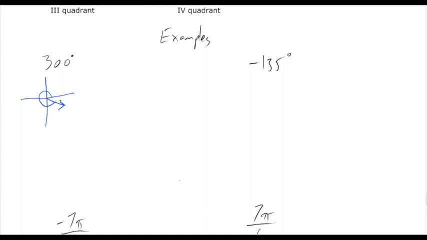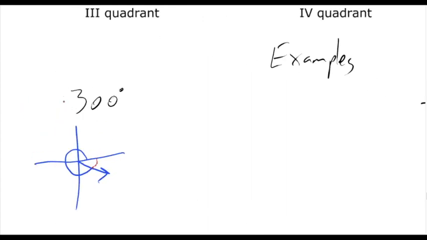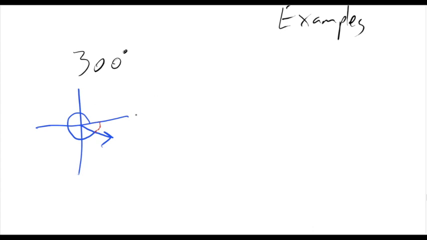My reference angle is the angle that's formed here. Zoom in. So it's this red angle that I'm looking for. If I used the blue and I kept going with the red, that gives me a total of 360 degrees.